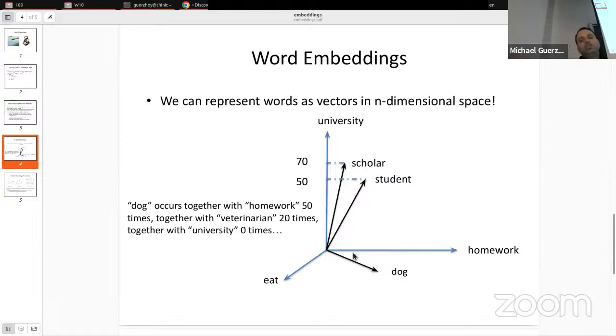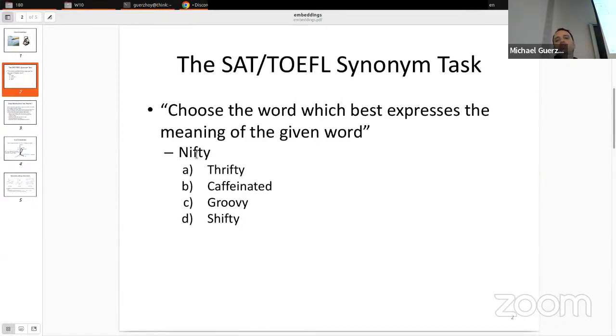And words that have vectors representing them that are far apart, well, those are going to be different in meaning. So going back to this kind of task, we're going to say what vector is nifty, what vector is thrifty, and so on. And the hope is that nifty and groovy are going to appear together more often. So the vectors that represent them are going to be close together.